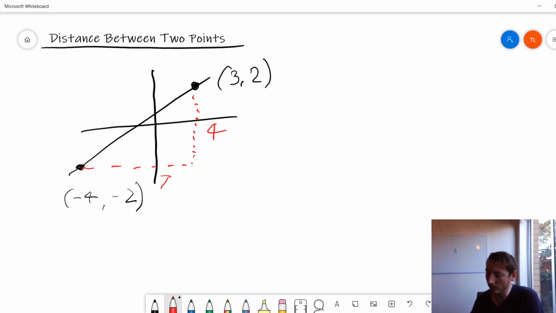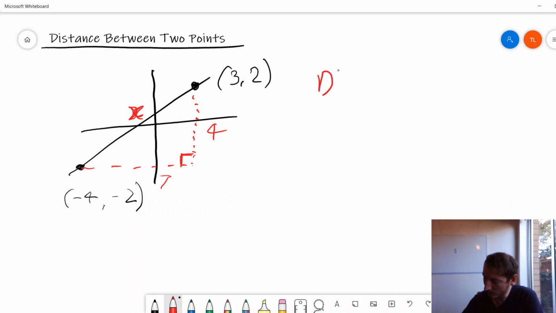However, when we're doing distance, what we've got is a right-angled triangle. One of the shorter sides is 4, the other shorter side is 7, and the distance between the 2 points we've been given, the unknown value, is the hypotenuse. So we can use Pythagoras' Theorem.